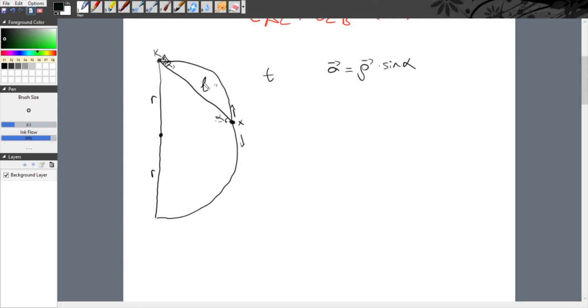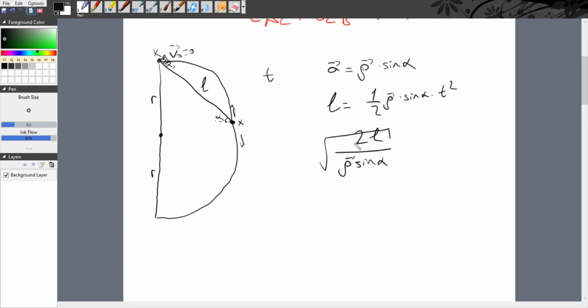So then, as the initial velocity is 0, the time will be given by, let me show you that one, L equals 1 over 2 g times sin alpha times t squared. So it will look like this, t squared equals 2L over g sin alpha, right? So this is going to be our time t.